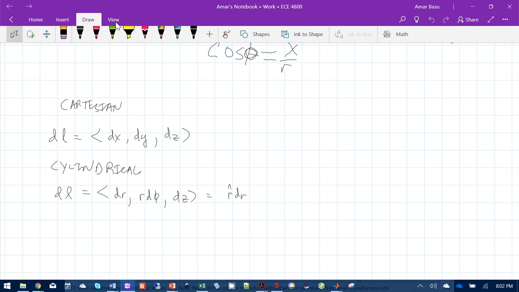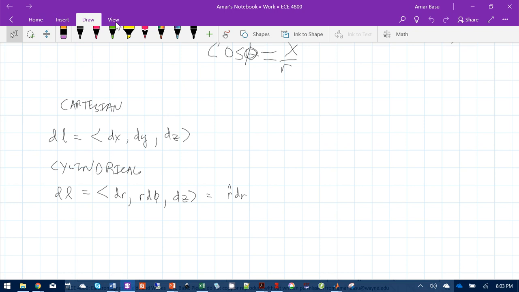Now, the question was along this hemisphere. These are the general equations for dL.